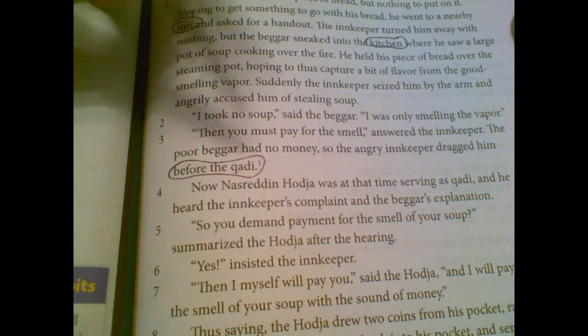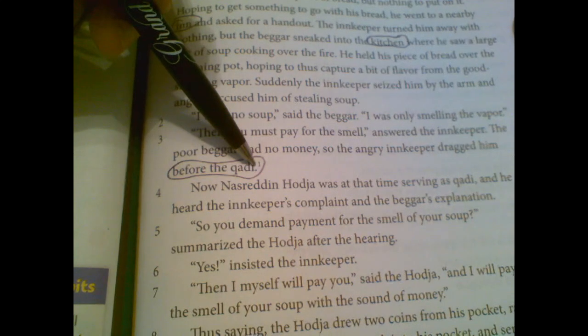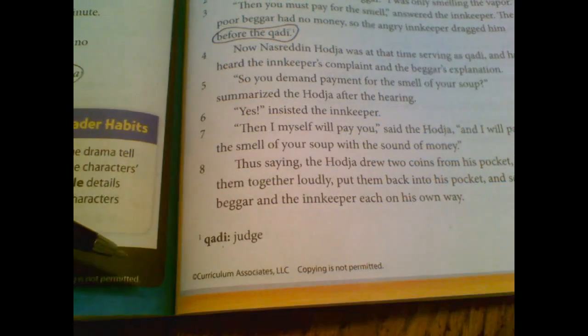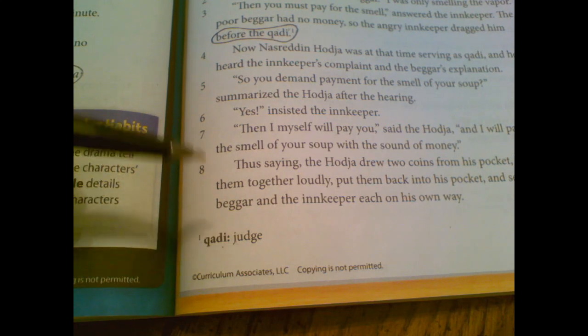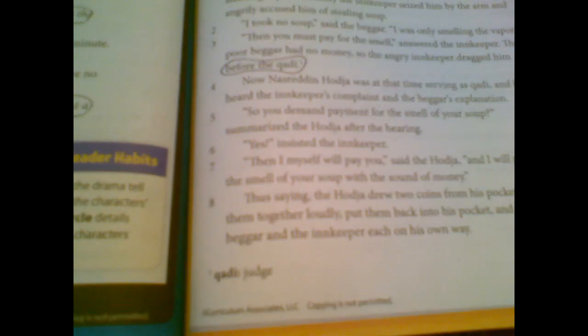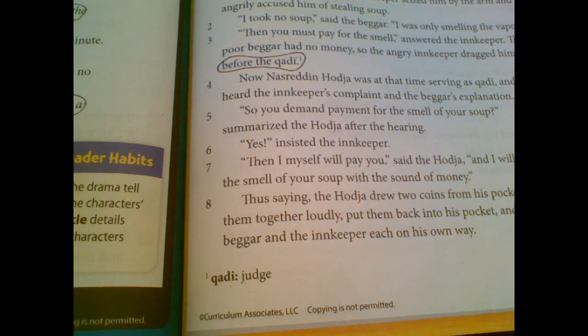But I see there's a number 1 beside it. So that tells me if I go to the bottom of my page, they're probably going to tell me what that word means. And we're familiar with the word judge. So the innkeeper dragged him before the judge. All those things that I circled had to do with the setting.